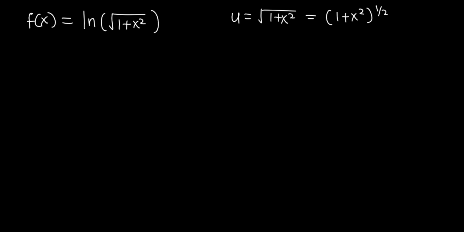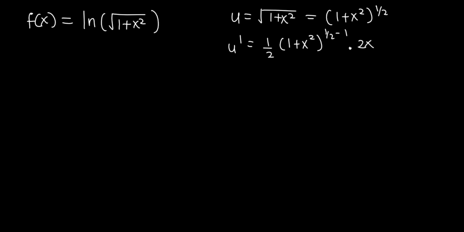Now what we need here is u prime. So let's calculate u prime. u prime will be equal to 1 over 2 multiplying (1 plus x squared) to the power half minus 1, times the derivative of what you have in this bracket here. That will be 2x.